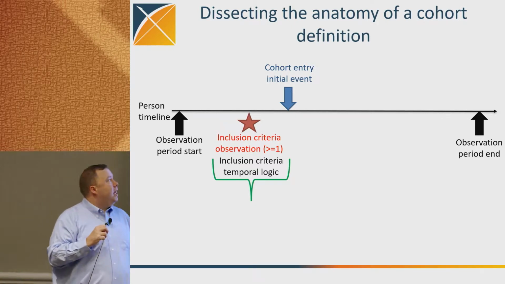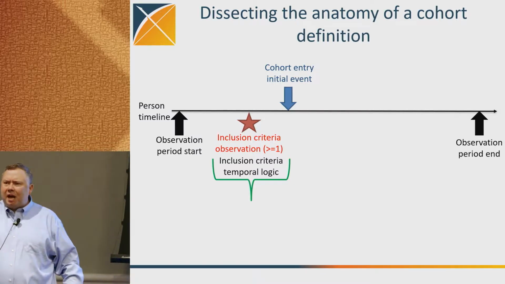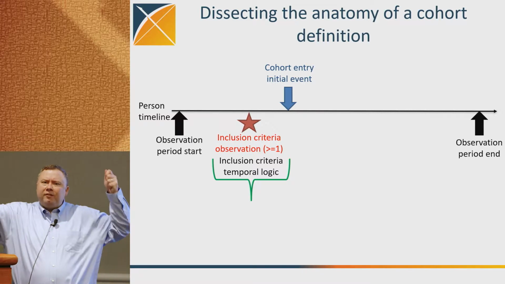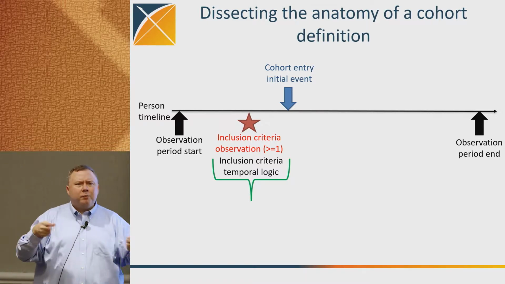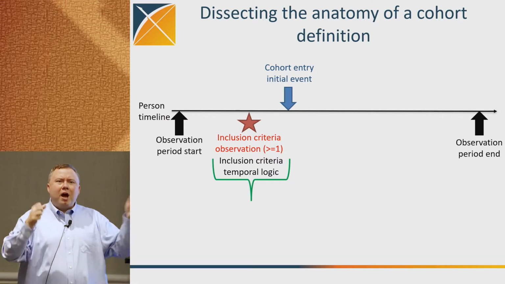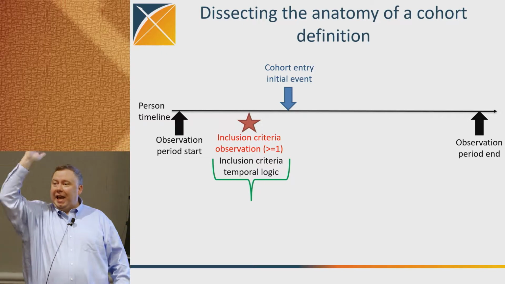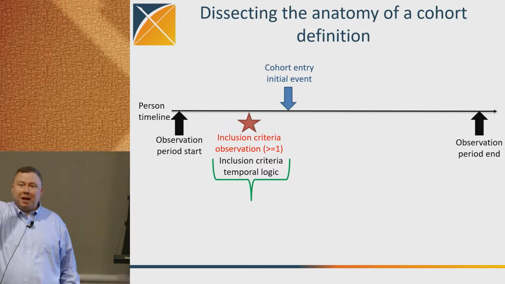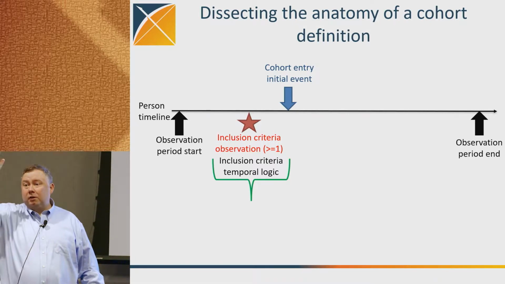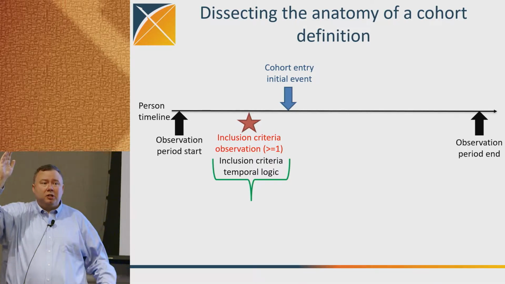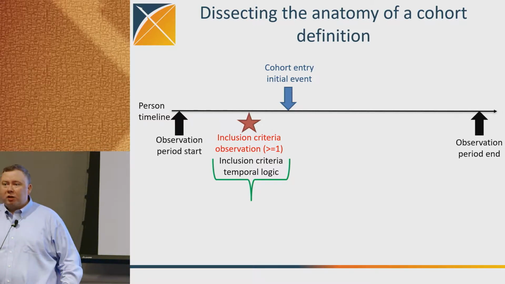So for example, we might have inclusion criteria that says, people who initiate dabigatran, they have to have had prior diagnosis of atrial fibrillation. When I say with prior atrial fibrillation, prior is where the temporal logic got fed in. I've got an anchoring event, which is when I start my dabigatran, but I need to be able to say, I need to observe a diagnosis of atrial fibrillation some period of time prior to when I started the treatment.